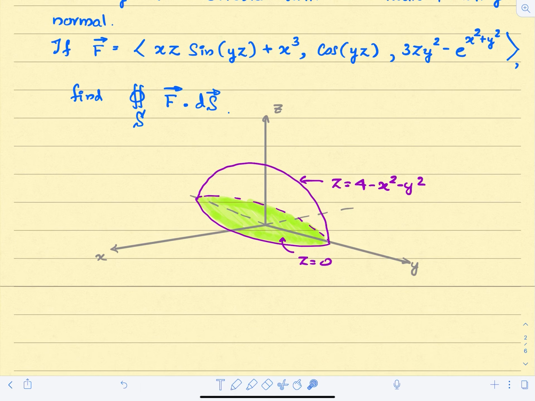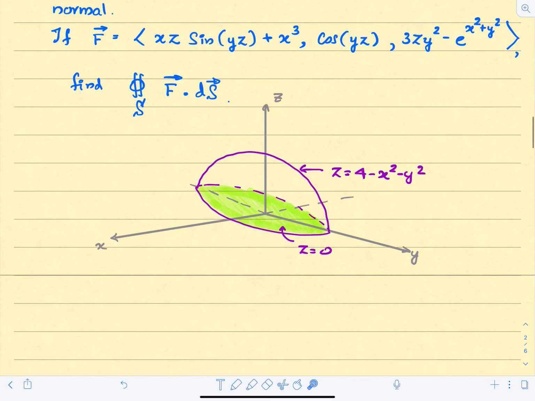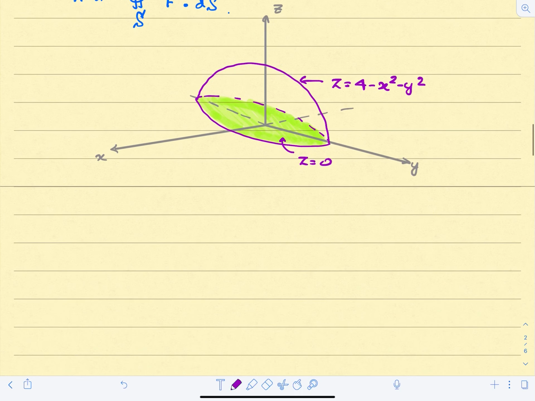Therefore, to evaluate this flux integral, we could use the divergence theorem. Otherwise, you have to consider the flux through the surface of the paraboloid and the flux through this part, which is a part of the xy plane. Okay, so let's use the divergence theorem.